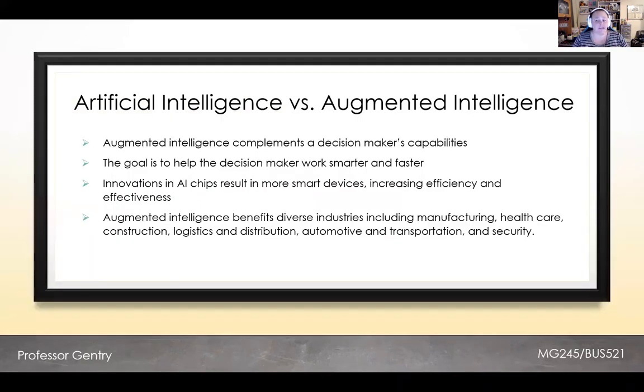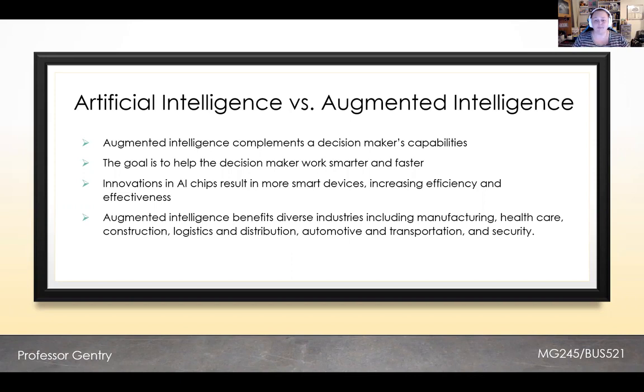The next generation of AI is being called augmented intelligence, intelligence augmentation, or cognitive augmentation. The end goal of augmented intelligence is to aid the decision maker's capabilities. It's not to replace the decision maker. Big difference. It aids by helping the decision maker to work smarter and faster, complementing the decision maker.